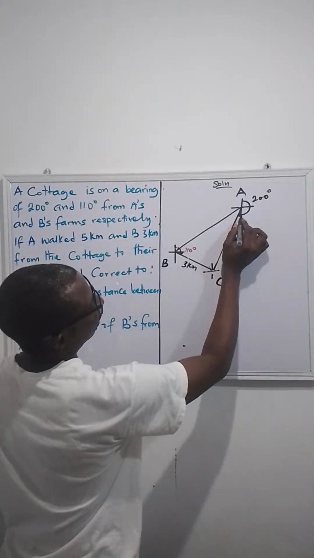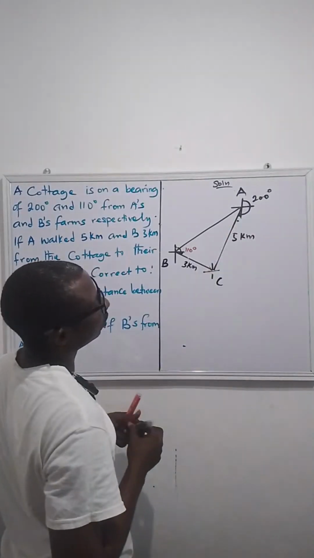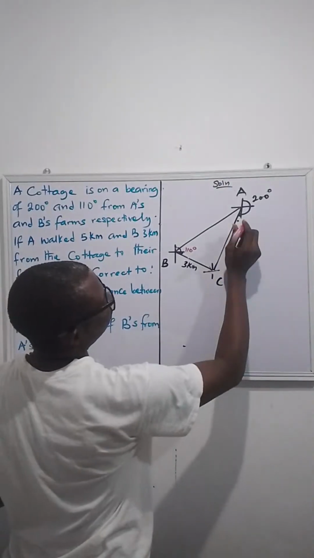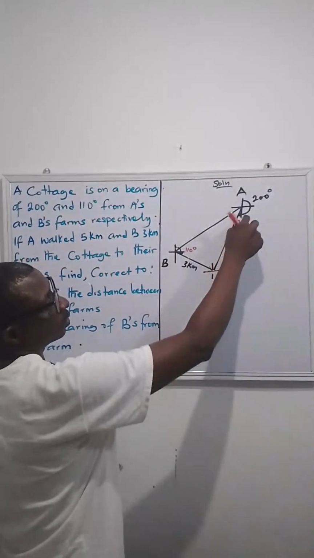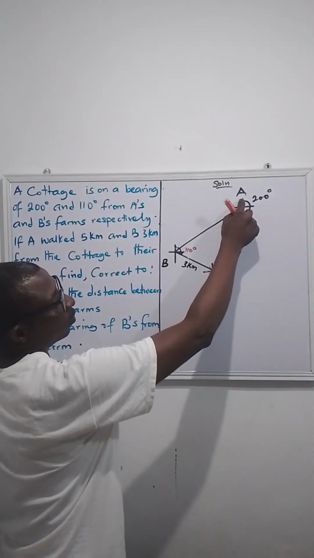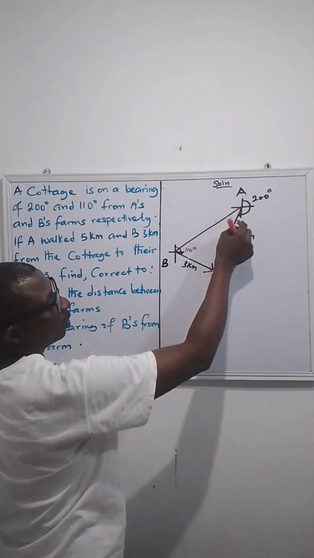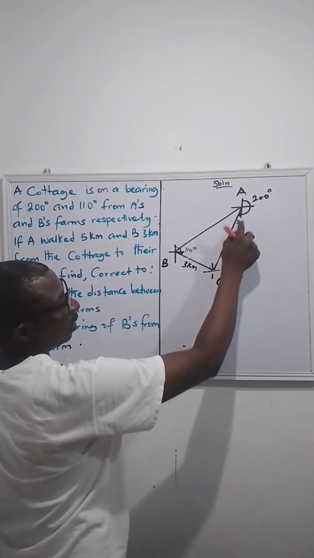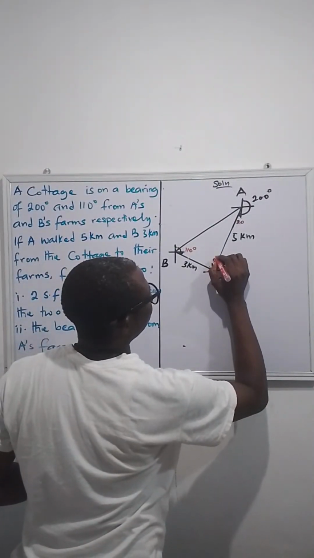Now we have a small angle here. This place is 20 degrees, because from here down to this place is 200, so when you take 180 from 200, you have 20. This angle here is alternate to this, so this place is 20 as well.